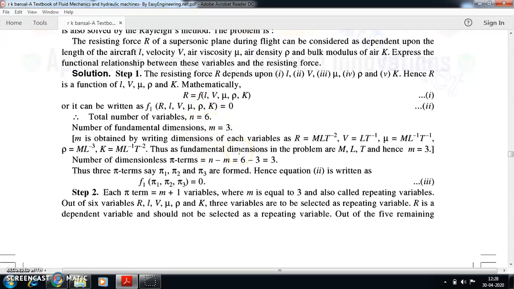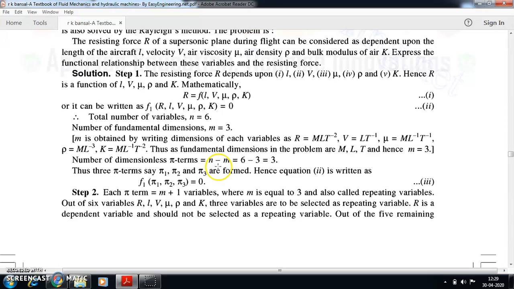By the definition of Buckingham Pi theorem, the number of dimensionless terms, or the pi terms, will be equal to n minus m. So there will be 6 minus 3, so 3 pi terms will come. Let us define those pi terms as pi 1, pi 2, and pi 3. This is an important step: we are calculating n, we are calculating m, and we are deciding how many pi terms there are.